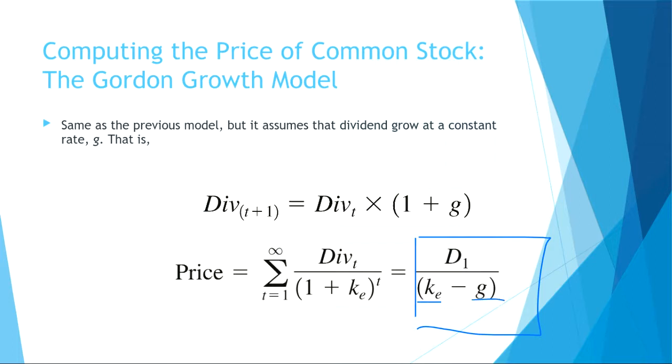Of course, in this model, we assume that the growth rate is constant. We assume that the dividends increase at G percent over time, and of course, the required return is constant as well. Our notation was RE, but here they use KE, it doesn't matter, right?